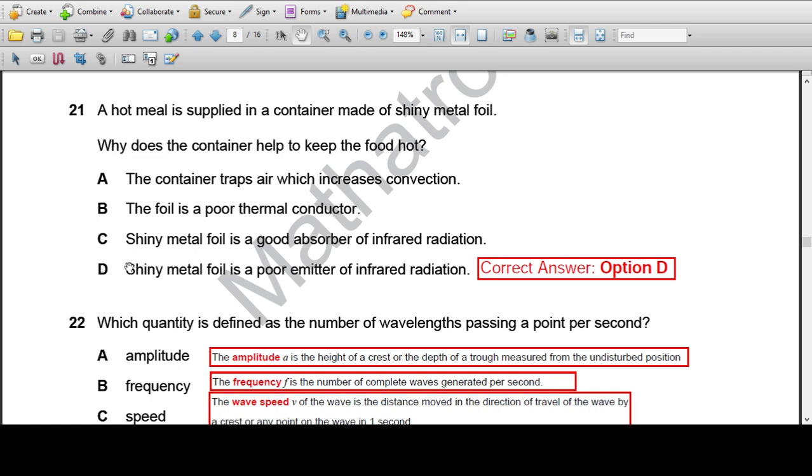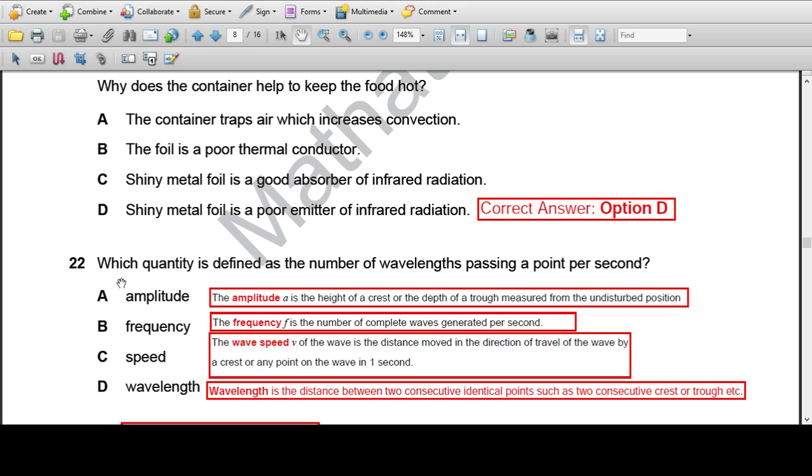While the shiny foil is a good absorber of infrared radiation, in part D, a shiny metal foil is a poor emitter of infrared radiation, and as a result, the hot meal supplied in a metal foil remains hot. So this option D is correct.